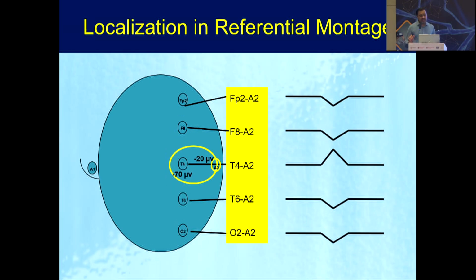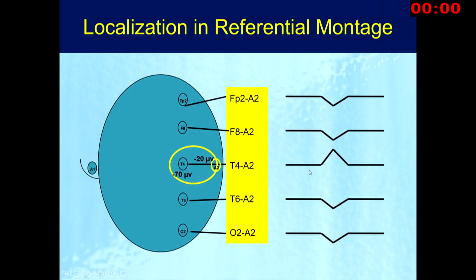But sometimes phase reversal can happen in the referential montage, and barring some situations, it is usually non-physiological. Suppose you have a temporal spike, T4, with a potential of -70, but T4 is spread to A2 also. So A2 also becomes negative, and that is the contamination of the reference. So now A2 is negative, and in all other channels, F2, because it is positive as compared to A2, and F8 is also positive.